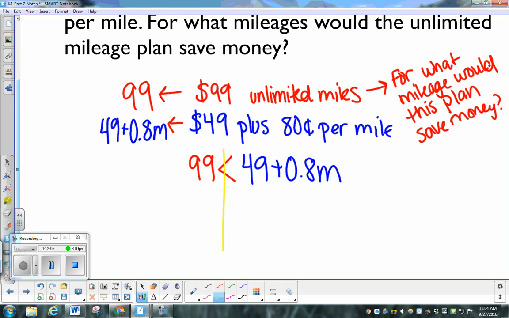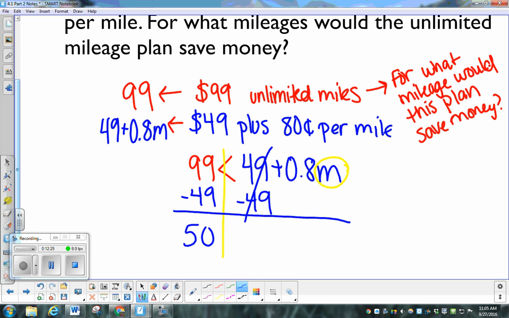So we can draw a line through our inequality symbol. We're trying to get this M isolated by itself. So the first thing we want to do is subtract 49 from each side, because we have to undo our adding and subtracting first. From there, I'm left with 50 over here. I didn't multiply or divide by a negative, so I leave this a less than symbol.